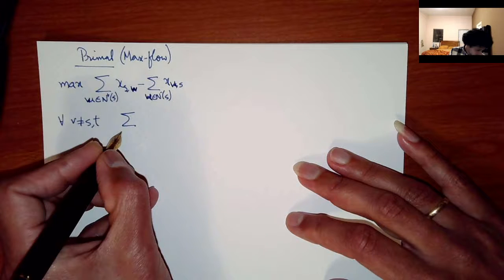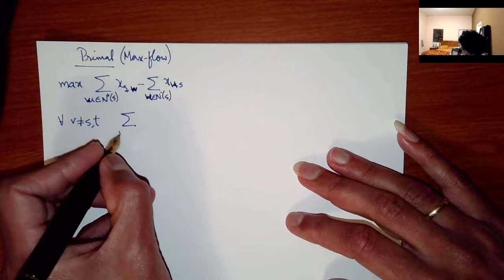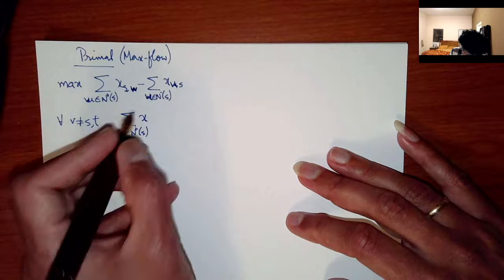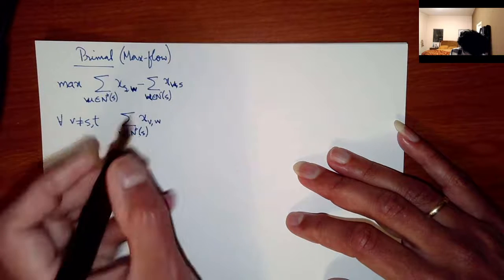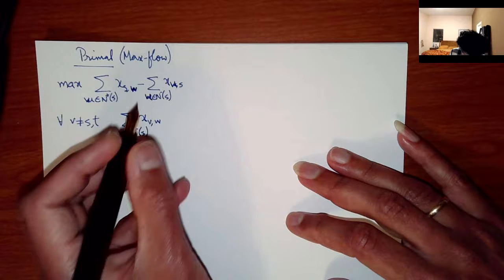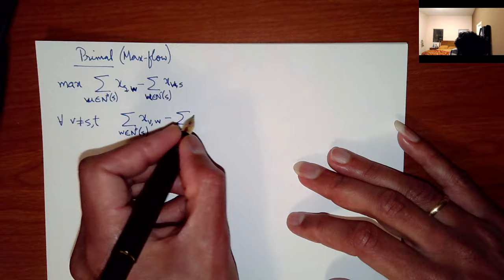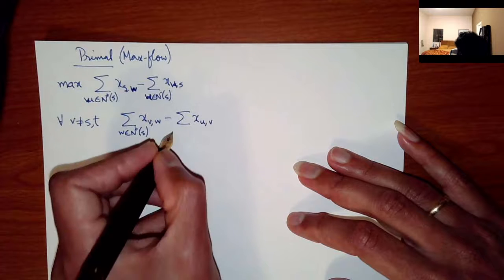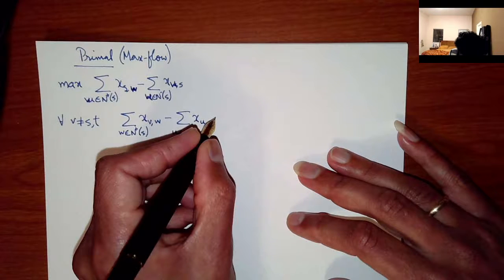The sum over W in the out neighborhood of x_VW minus the sum of x_UV for U in the in neighborhood equals 0.